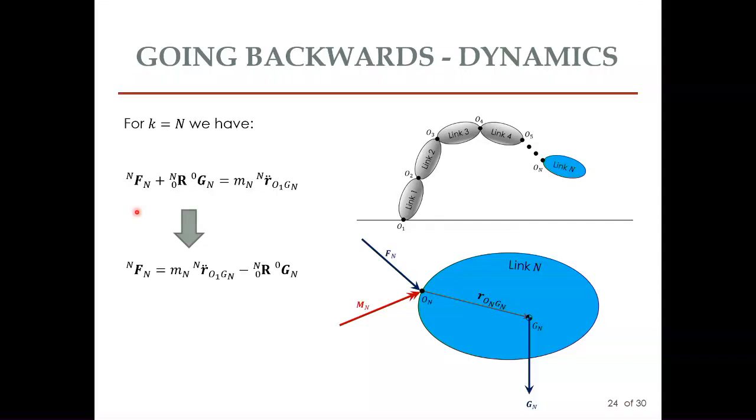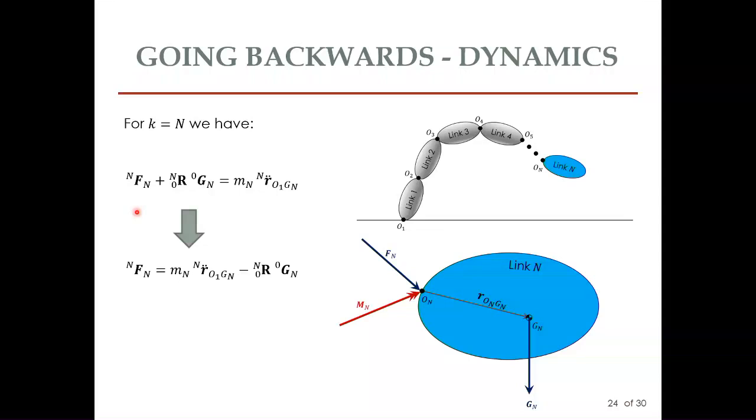But we know how it depends, because we calculated already the kinematics with all of this procedure. So once we get to k equals n, we would have found R O1 Gn double dot in frame n. Okay, so this is isolated.